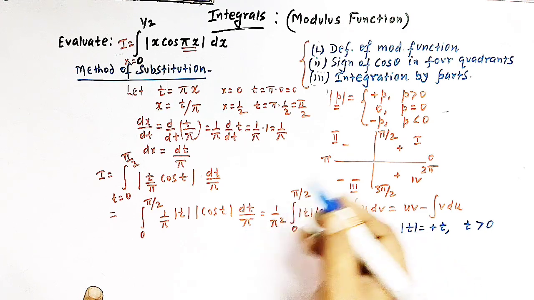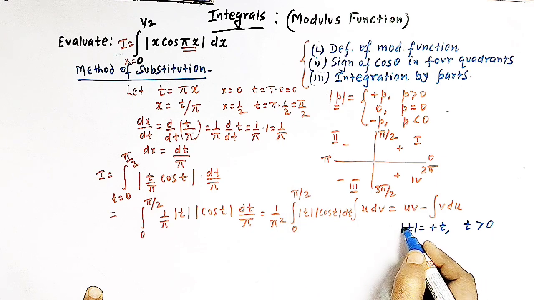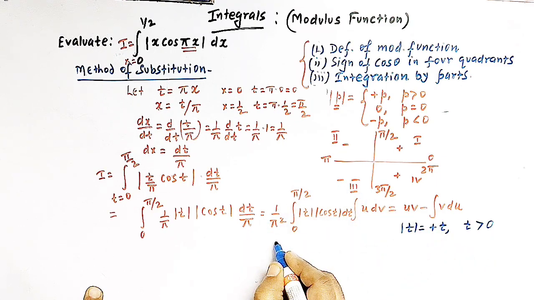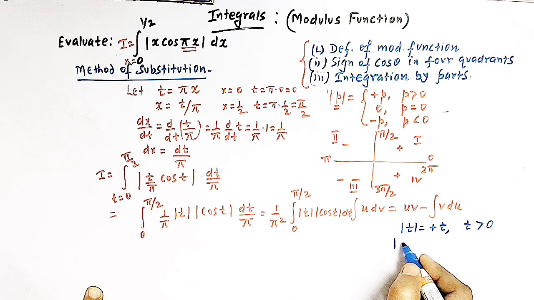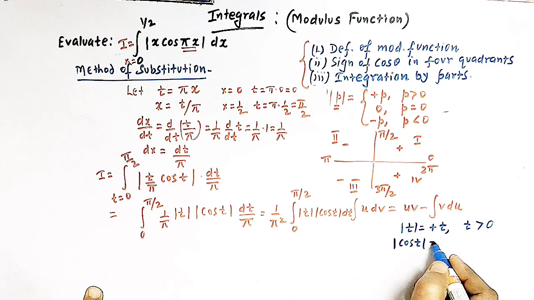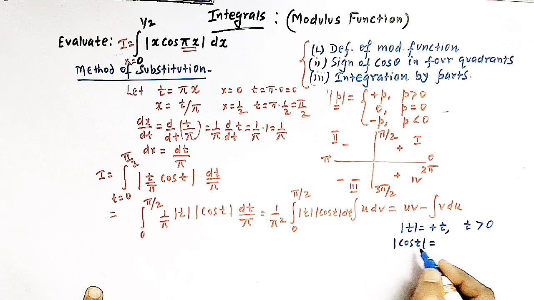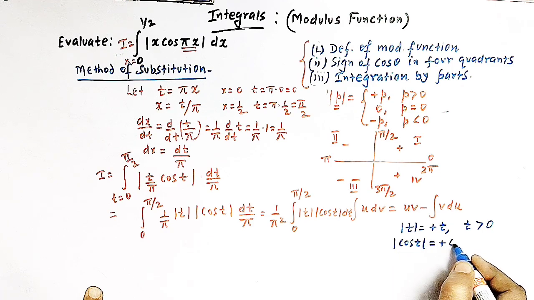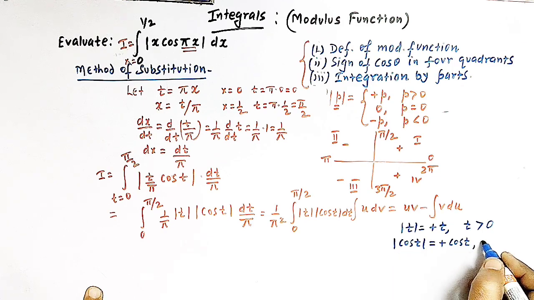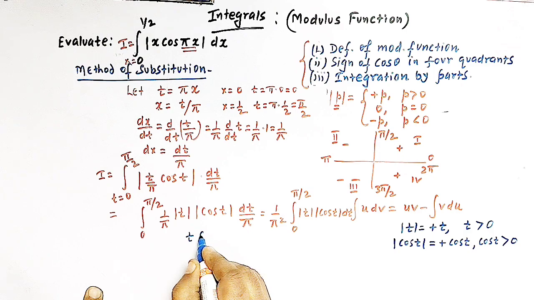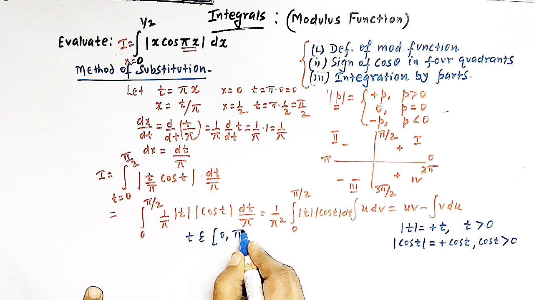Hence all the t's are positive, so mod of t can be easily replaced by positive t, right? And here we have a mod of cos of t, and mod of cos of t can be written with the help of this definition. So we can now write mod of cosine t as positive cos t whenever cos of t is greater than 0, right? And see here t belongs to the interval 0 to pi by 2.